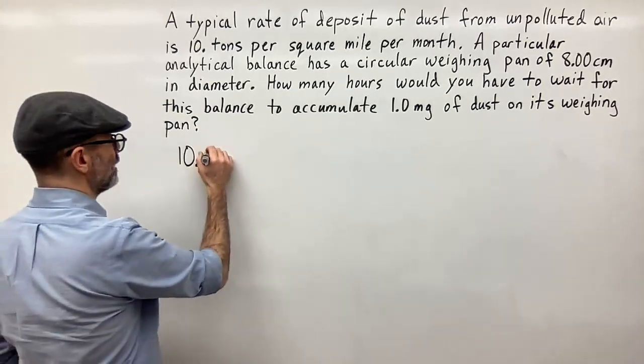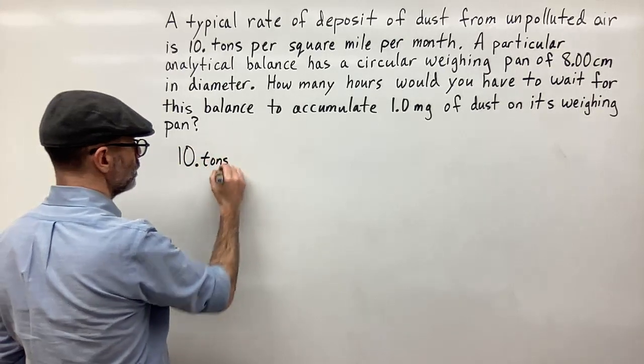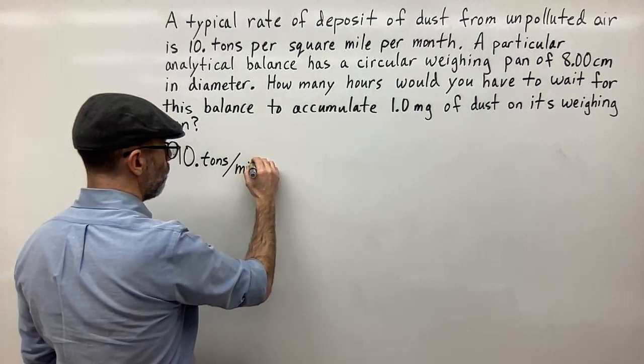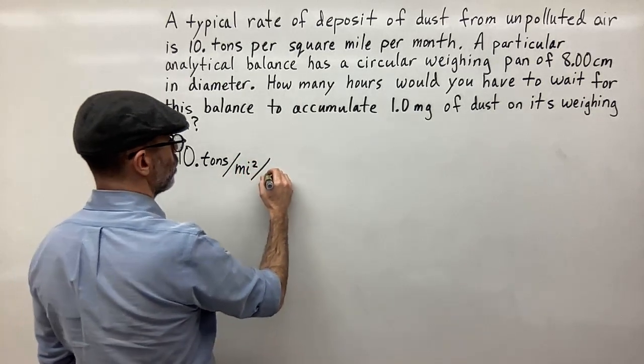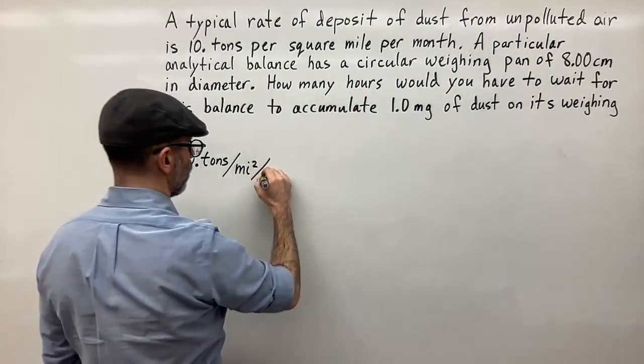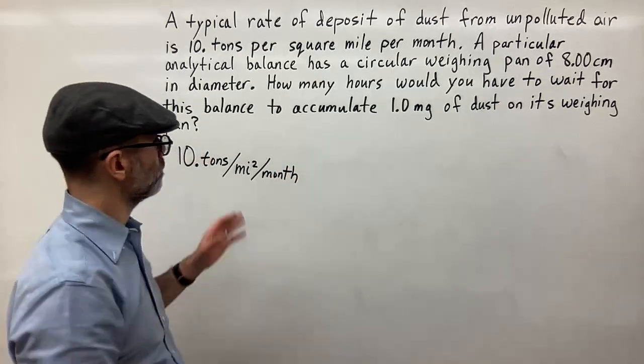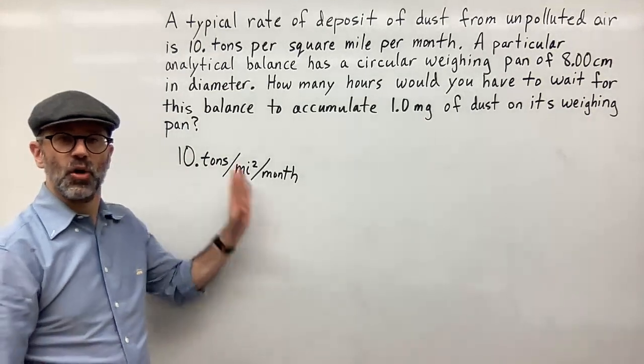So we have 10, and this is tons per mile squared per month. Okay? So this is what we have.